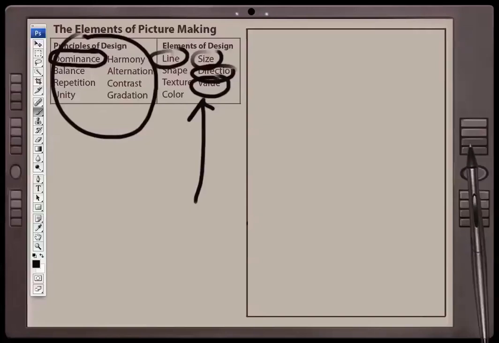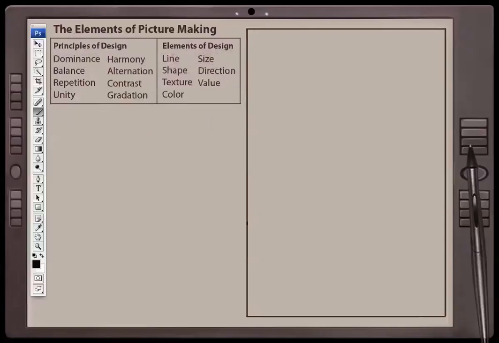Art is man-made order. Therefore, you can't just paint nature the way you find it, because it's not going to be organized the way it needs to be in order to become a work of art. And to bring that kind of order to your pictures, that's where these principles of design come in.